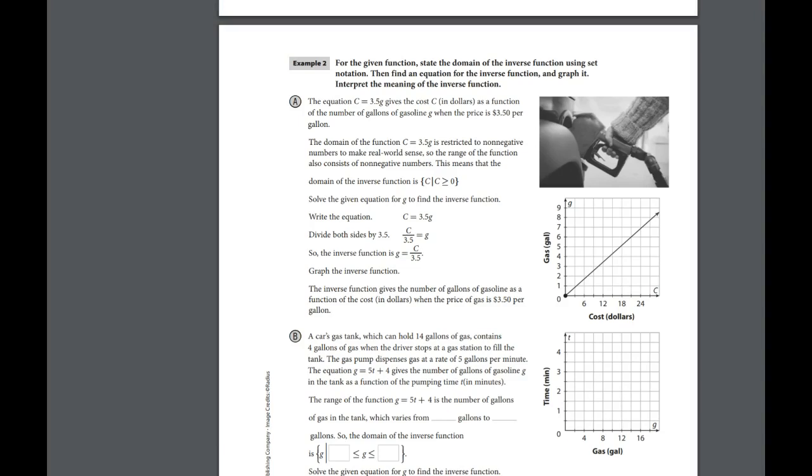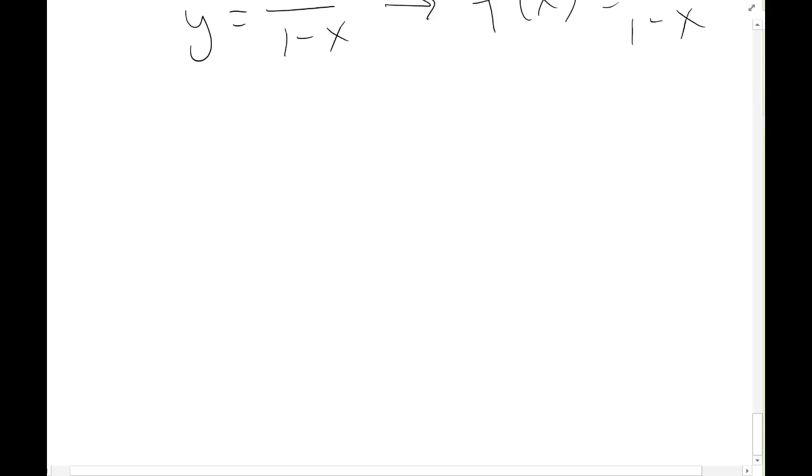And really, I get that the domain for this inverse is also greater than or equal to 0. And then to find the inverse, I do what I did before. I just solve the equation in terms of G, so I divide both sides by 3.5, and then there's my inverse function. So not so difficult. And then I guess we graph it. So that's pretty straightforward, I think.